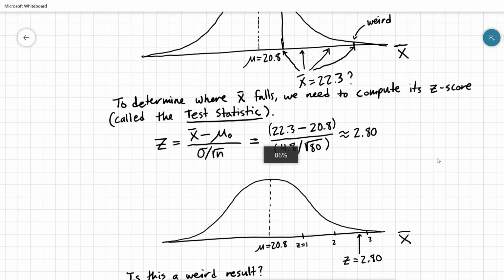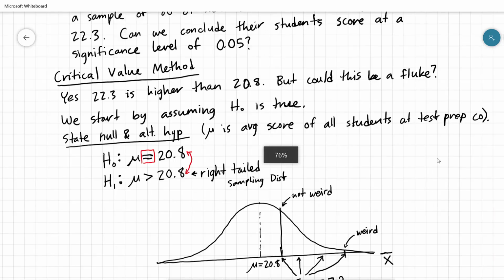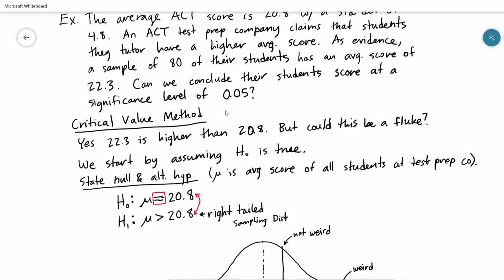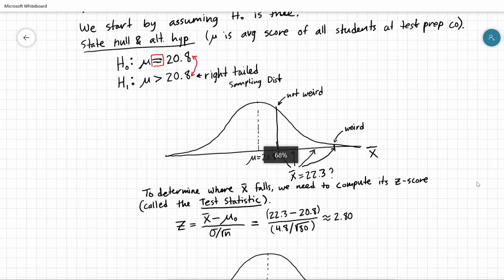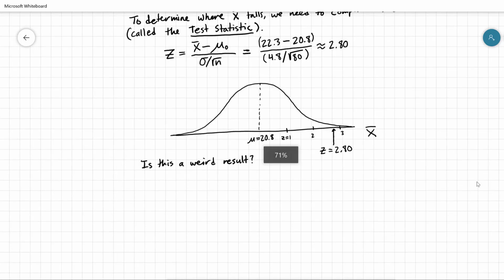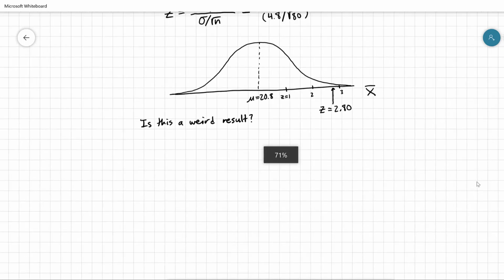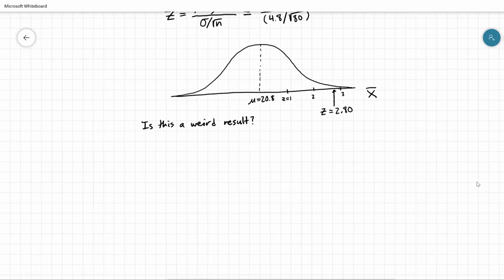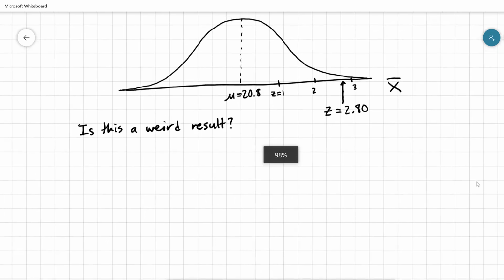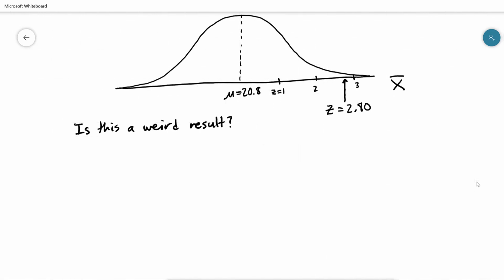When we framed this question, I said we're using a significance level of 0.05. The significance level is basically where we define what we consider weird.